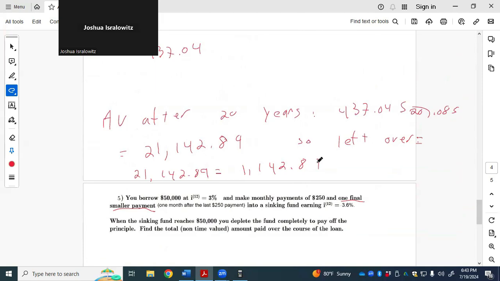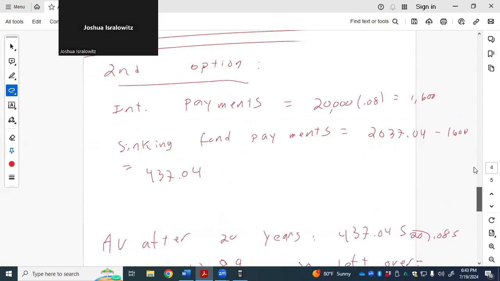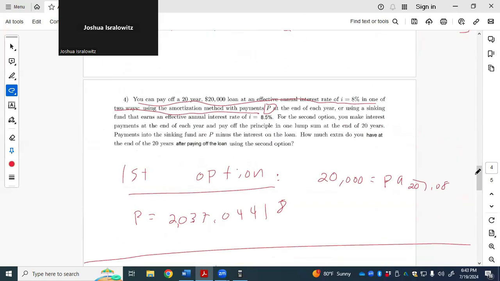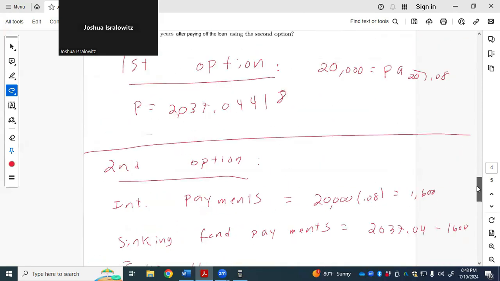So you got something nice. Scheme B, particularly, these two schemes result in the exact same total outlay each year towards the loan, which is $2,037.04.